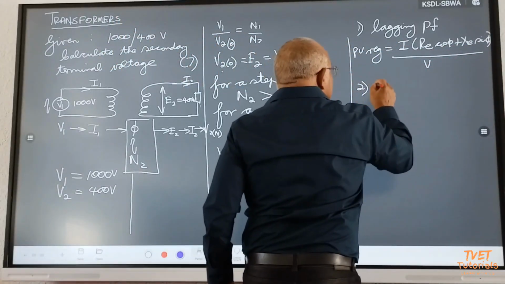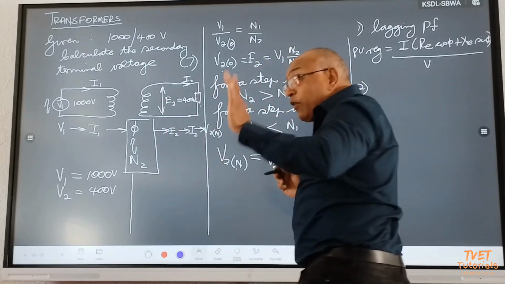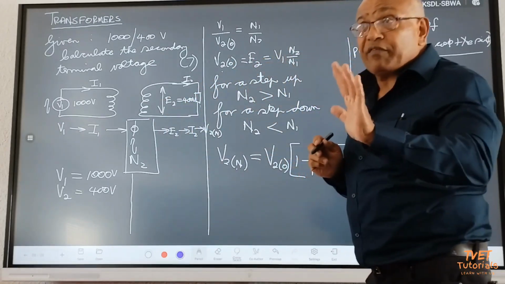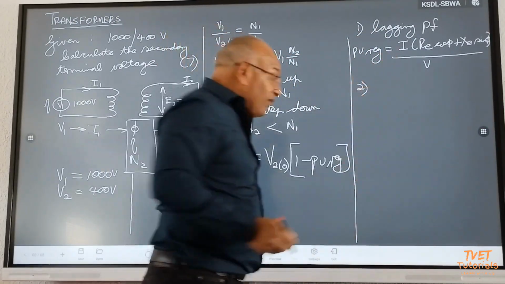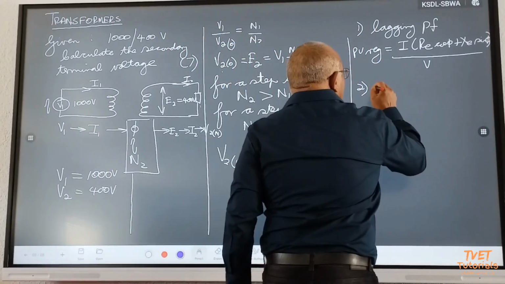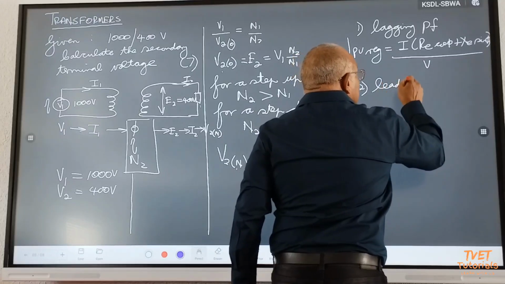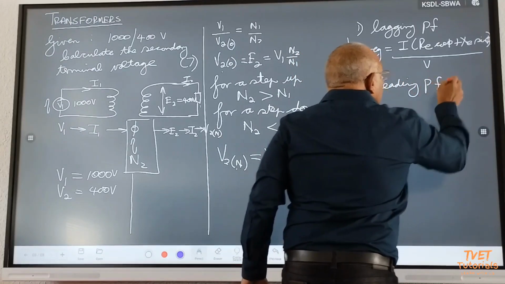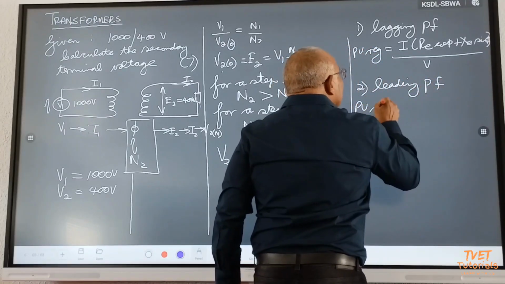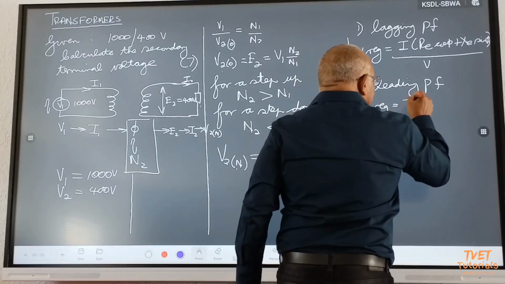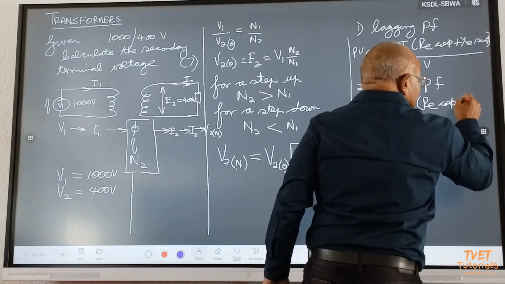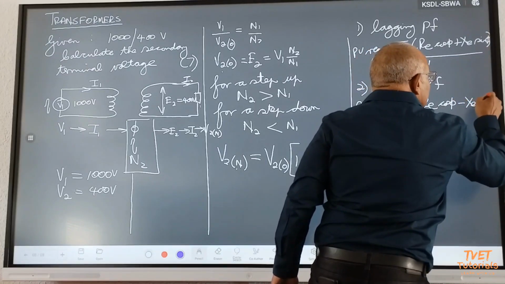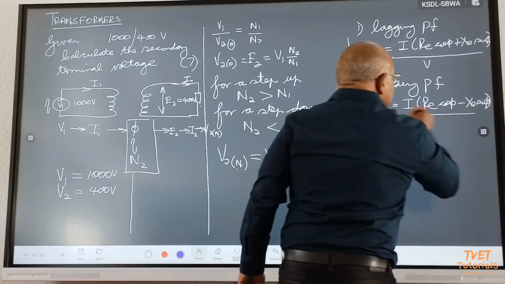Then the second one says, if the load, not the transformer, can never work at a leading power factor, it's the load. But in the exam, they'll tell you a transformer works at a leading power factor. Right? So here we are saying for leading power factor, then the per unit regulation is the same formula. And that is given to me by I times RE cos phi, what's the difference? Minus XE sine phi, and divided by V.